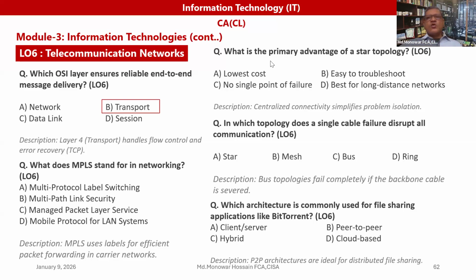Now, what is the primary advantage of a star topology? Star topology is easy to troubleshoot because centralized connectivity simplifies problem isolation.